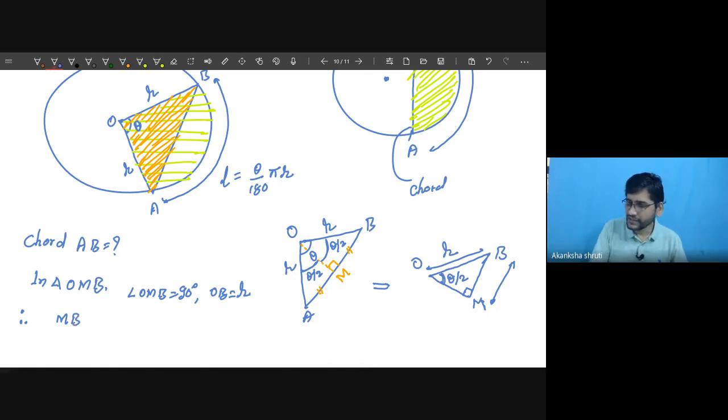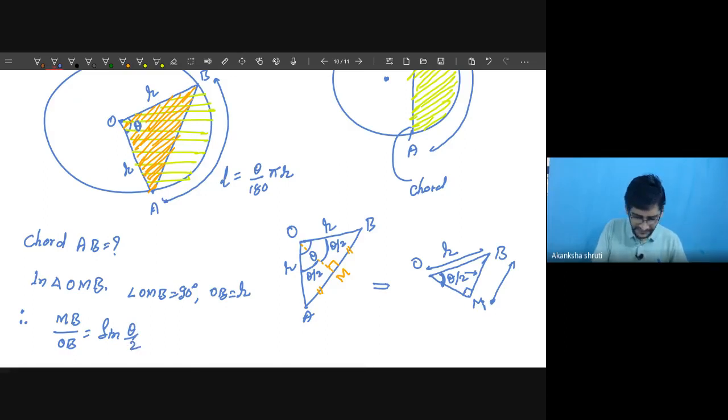Now recall your concept of trigonometry. For this theta by 2, this is the perpendicular, meaning the opposite side, divided by OB, which is acting as the hypotenuse. It becomes sine of theta by 2.